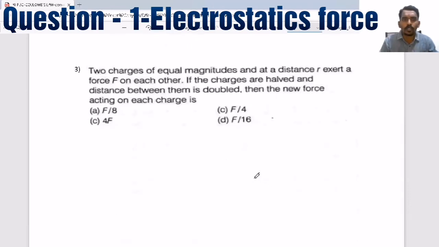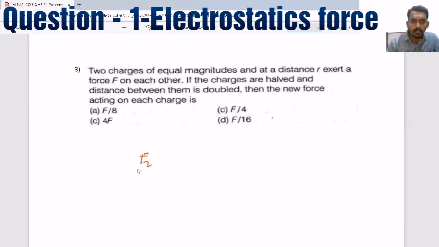Now here one more question. Two charges of equal magnitudes at a distance r exert a force F on each other. If the charges are halved and the distance between them is doubled, then the new force on each charge is? Now charges changed, distance also changed.